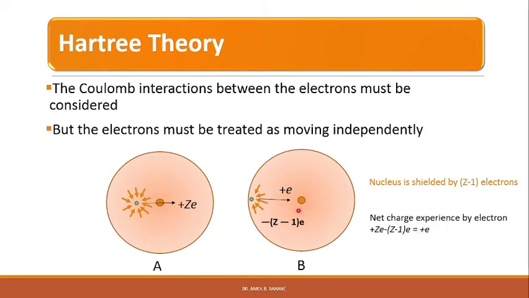So we can see that the electron well inside the atom, close to the center, will feel a net potential due to plus Ze, whereas the electron which is far from the nucleus will experience a net potential due to plus e only.